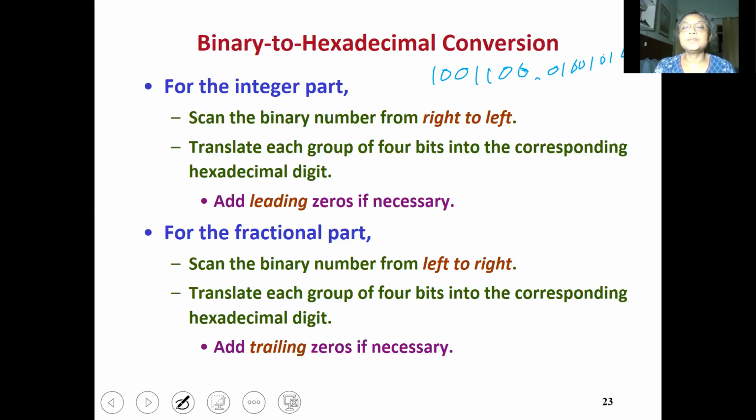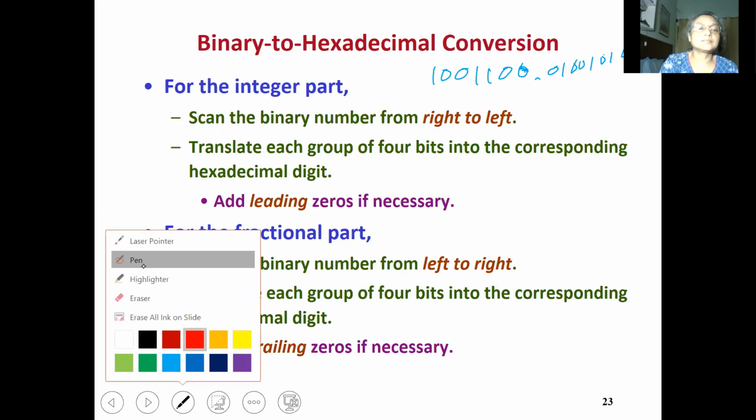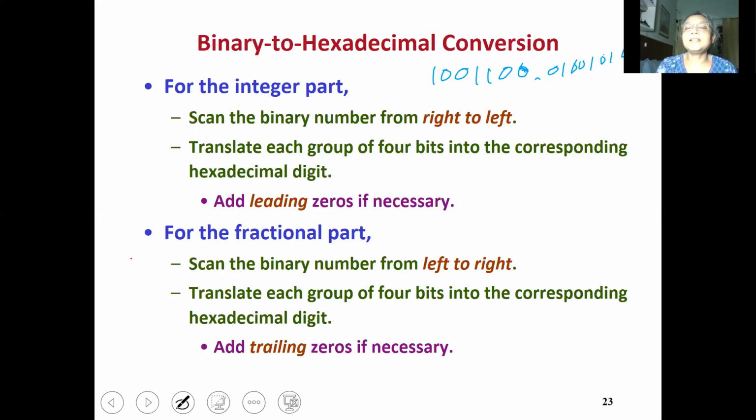What we will do is group 4 bits. We'll start with the decimal point, and then we will club together 4 bits at a time.